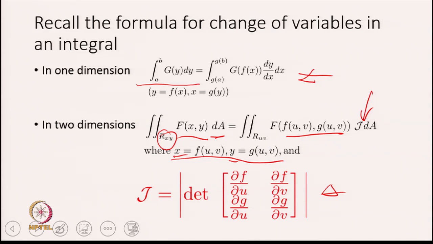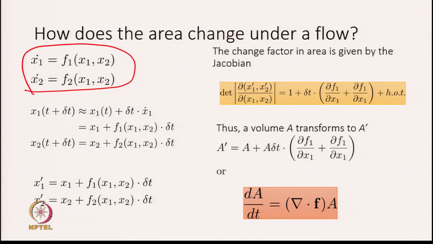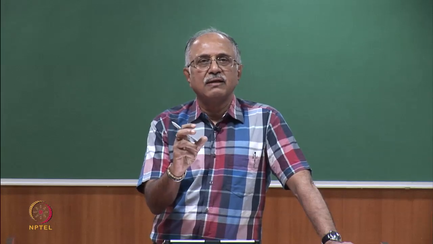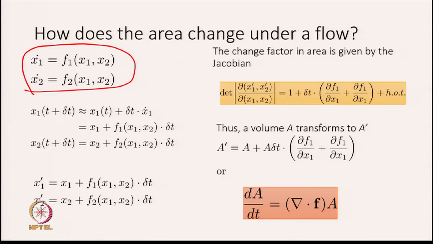following discussion. If I have got a flow, x1 dot is f1 of x1, x2, the usual flow that we have been considering, it is just a simple nonlinear flow. How does any area change? All right. So, I want to take some unit area and ask, as my system obeys these following equations, how does the area change? Now, in order to do that, I can do the analysis as follows.